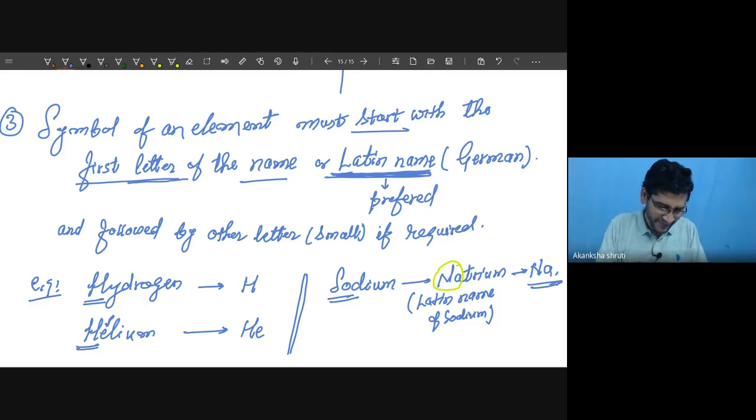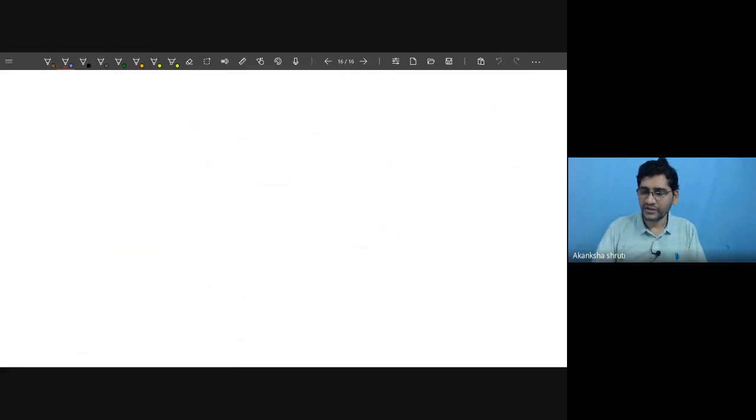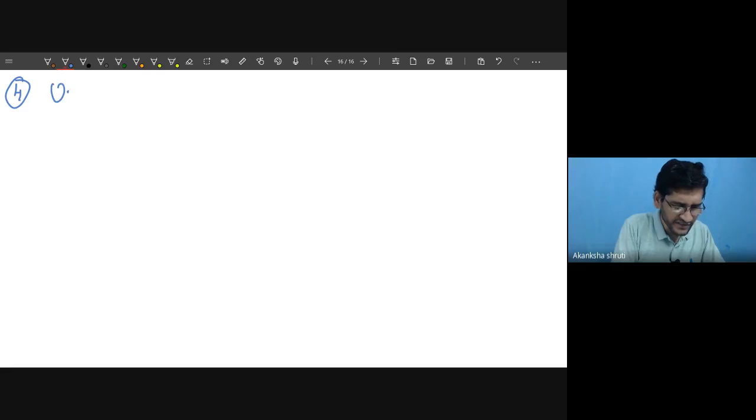So this way, a unique symbol was proposed for each element. It means none of the two elements have the same symbol. So write: unique symbols.